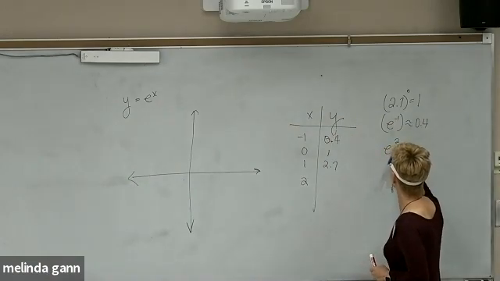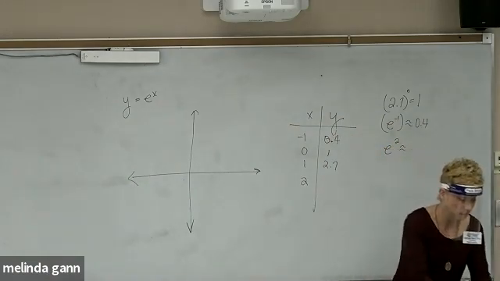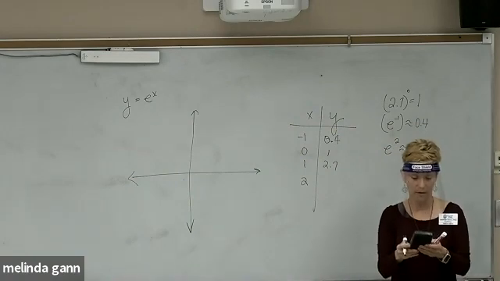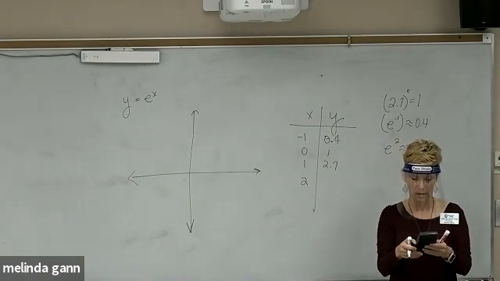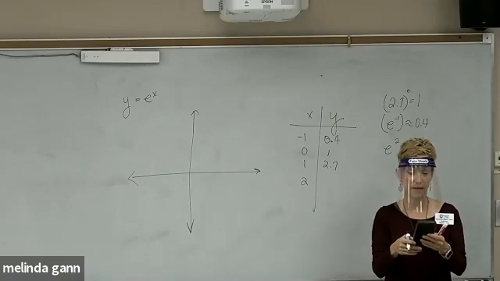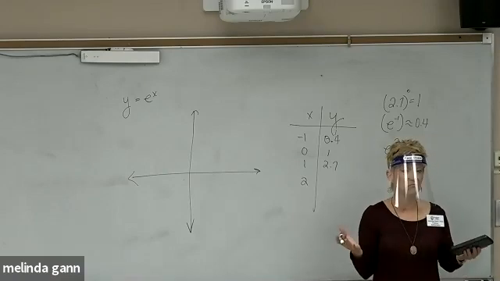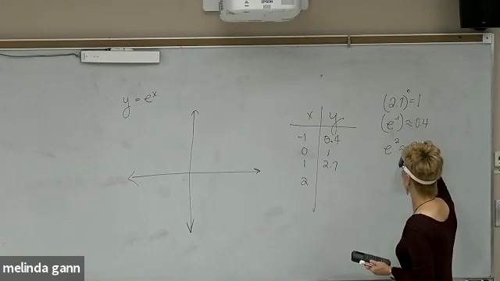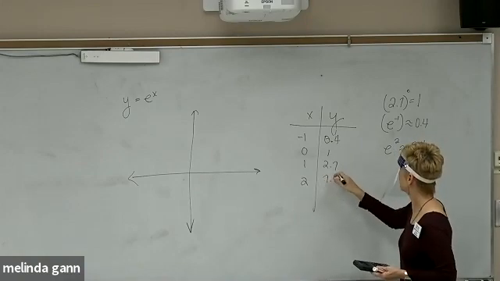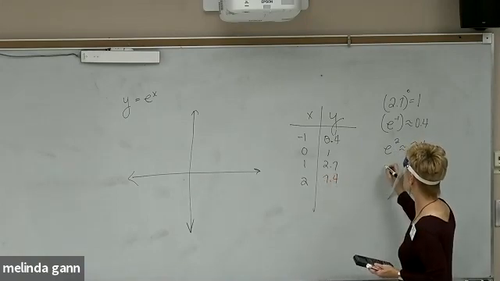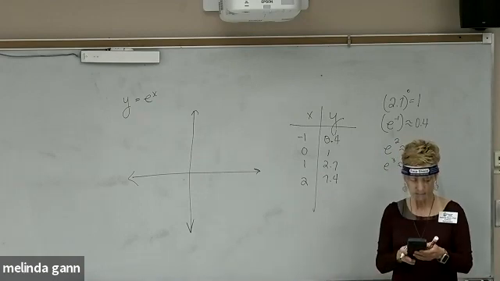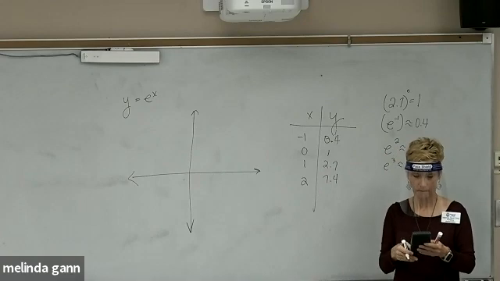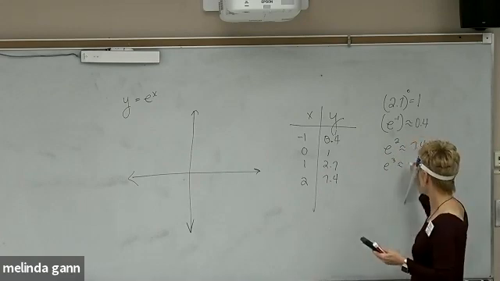What's e to the 2 about? Okay, I need to do mine, see if I agree. All right, what'd y'all get, about 7.4? Okay. All right, what if you had e cubed? You get about 20.